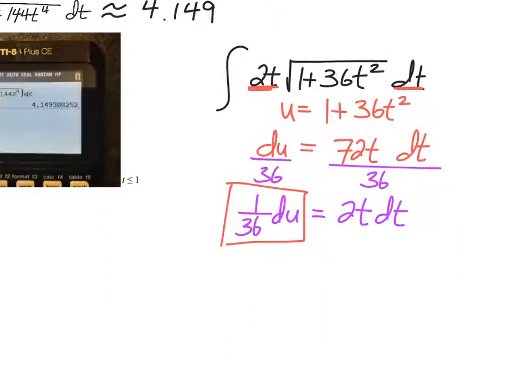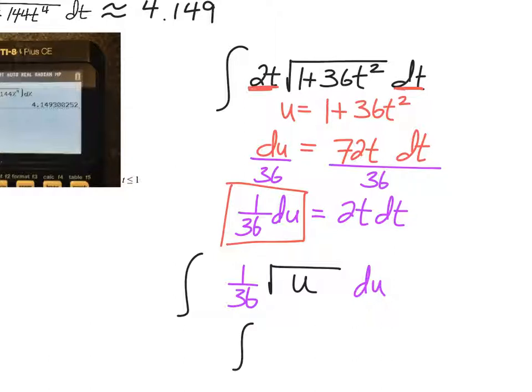So I'm going to replace the 2t dt with that. So it's going to become 1 over 36 times the square root, and instead of 1 plus 36t squared, that's going to get replaced with a u, and then we'll have a du. Going from 0 to 1. Well, actually, it wouldn't be 0 to 1 anymore, so we'll just leave it without bounds.